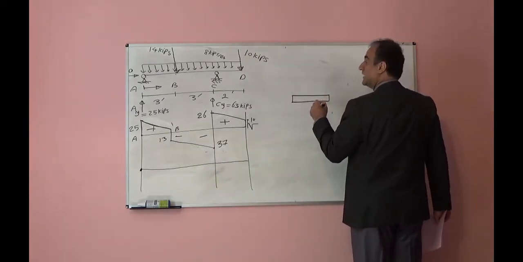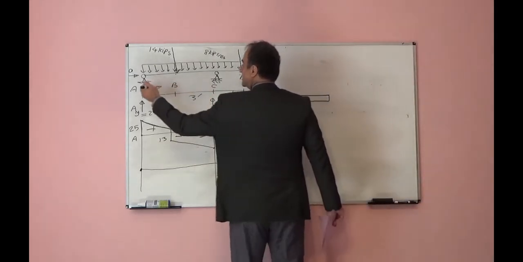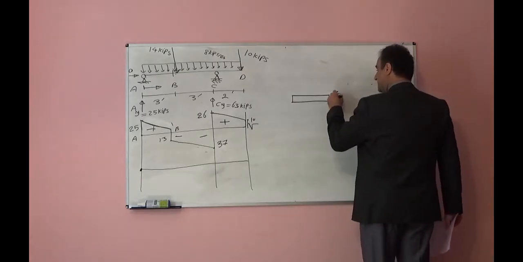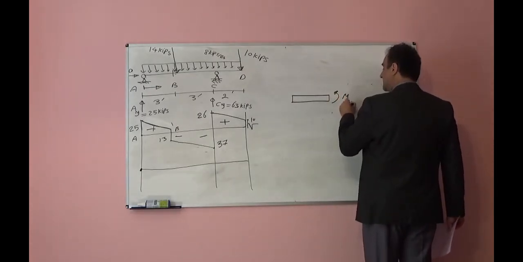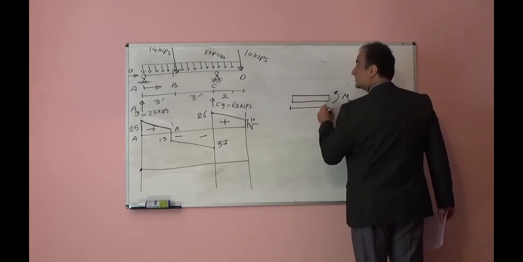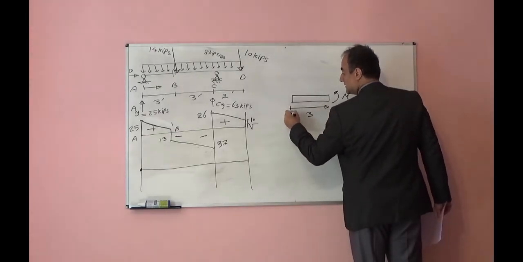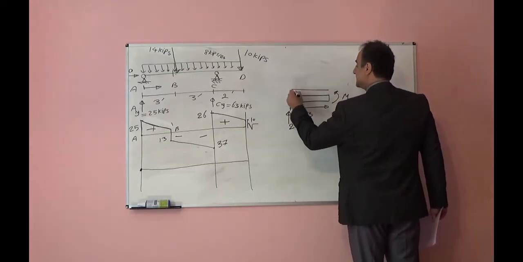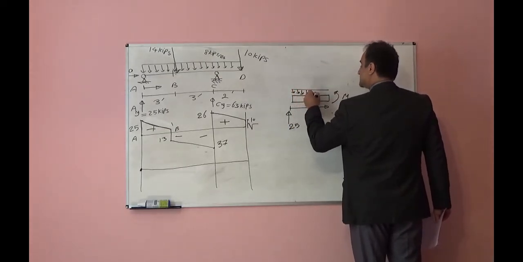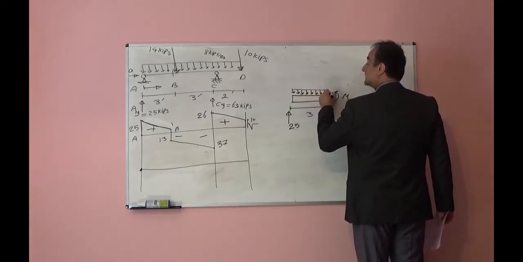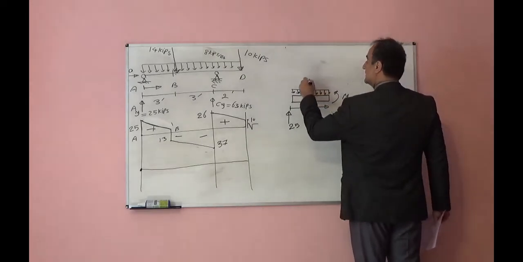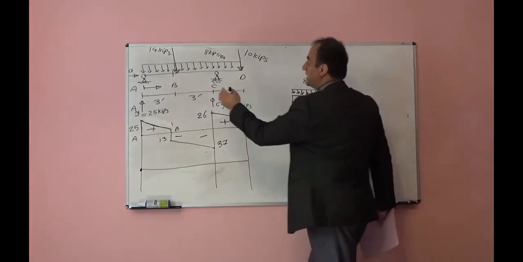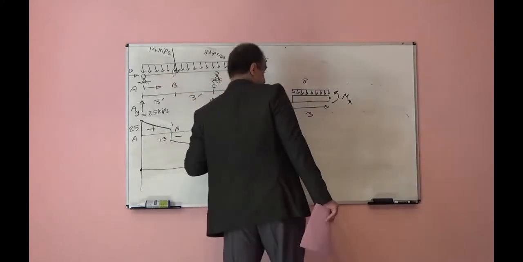If I move from A to the B side, just before B, let's see what the moment is. If I cut it, internal moment here, Mx, from here to here, it is 3. Here, reaction is 25, and you have external force. External force intensity is 8. Let's see just before B, what is the internal moment?